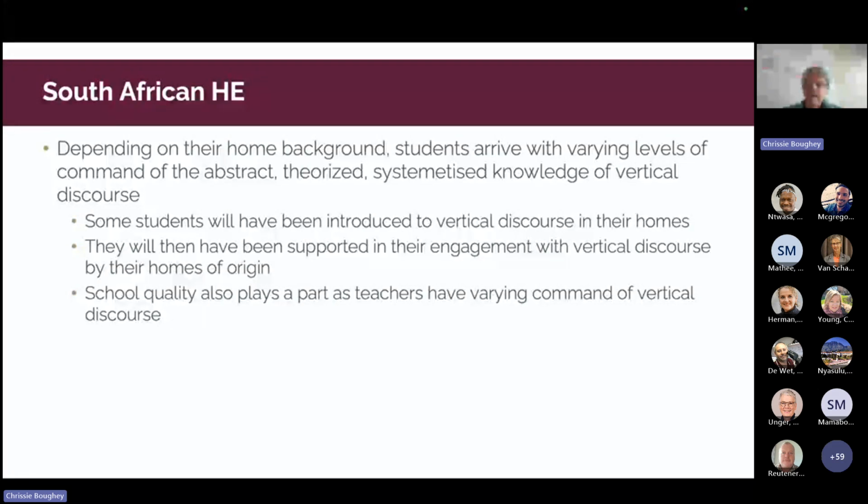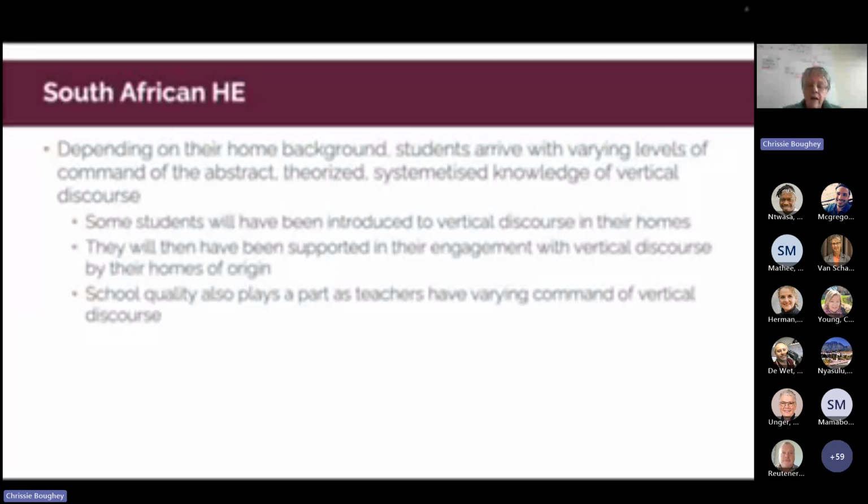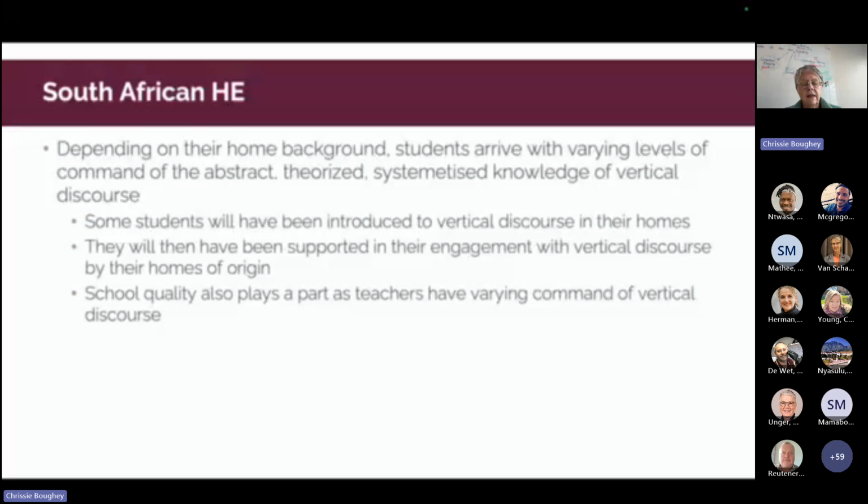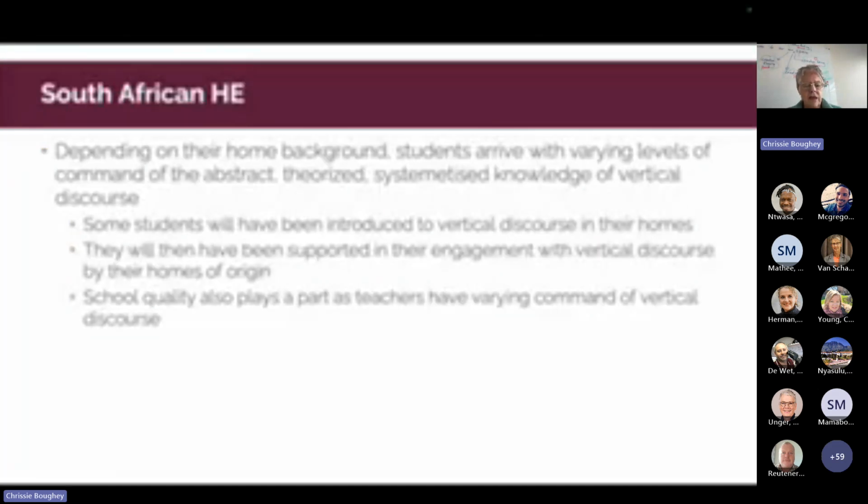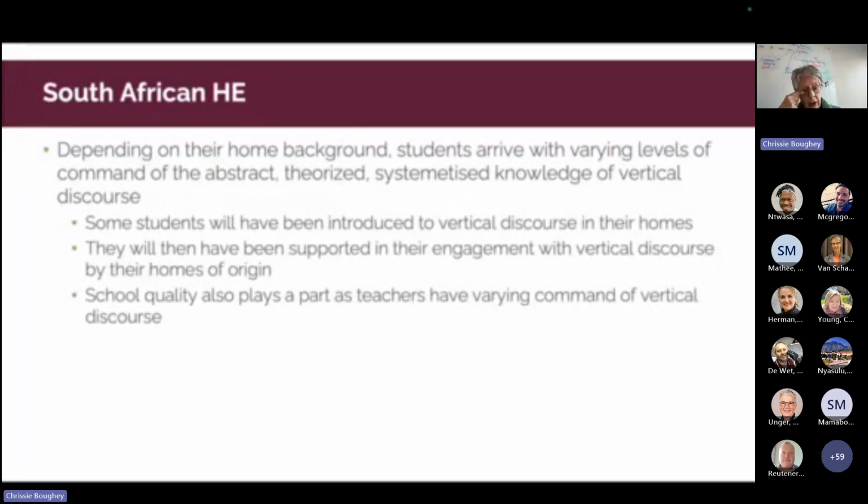And so they'll arrive with varying command of the vertical discourse that we prize, we really value, and the language and the kind of complex understandings that I was talking about earlier, things like different positions in the field and so on, they'll have more of an inkling of that than others will. So, you know, the disadvantage comes from home, from birth, as well as from the school.